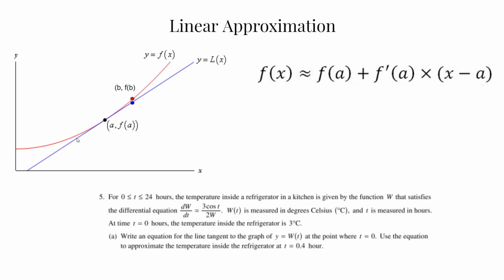But say we want to know what f of b is, where b is really close to a. We could just use the tangent line to approximate. Even though f of b would be this red dot, we'd approximate f of b as this blue dot. So it's an underestimate. That's also something good to know. When it's concave up, the tangent line is an underestimate. And when it's concave down, the tangent line is an overestimate.